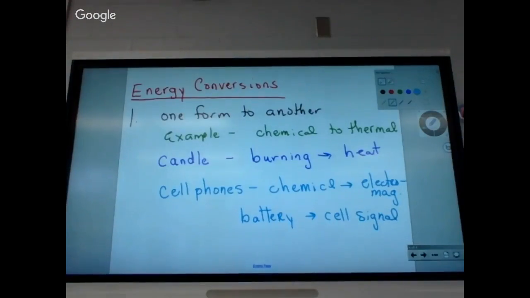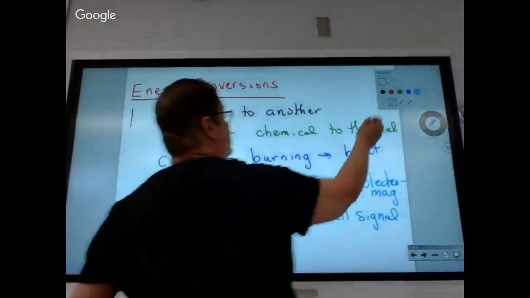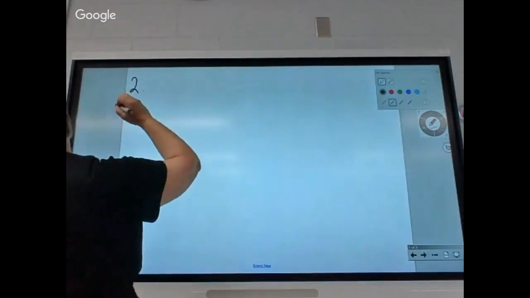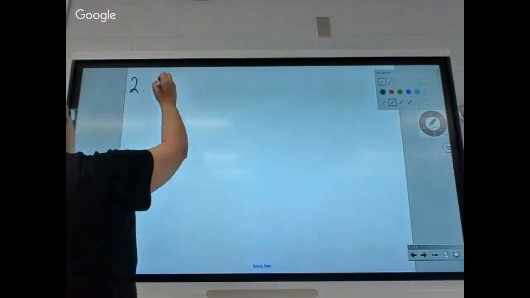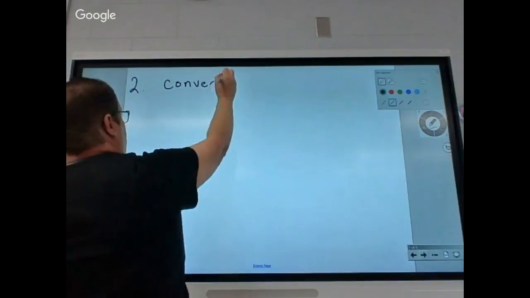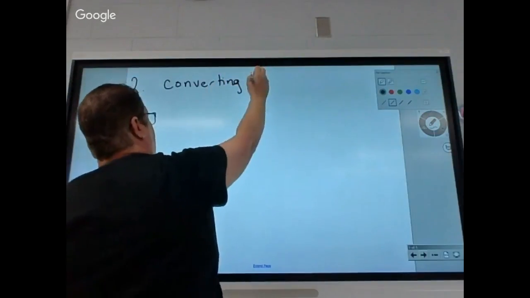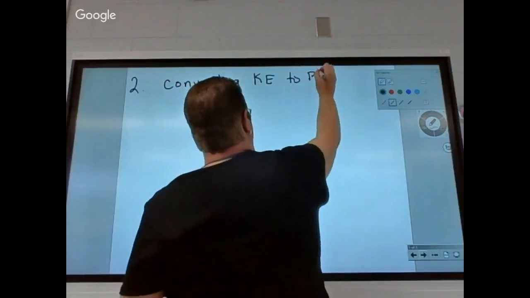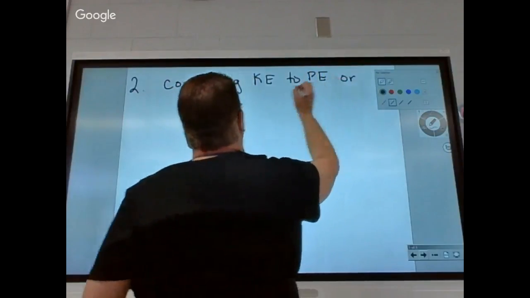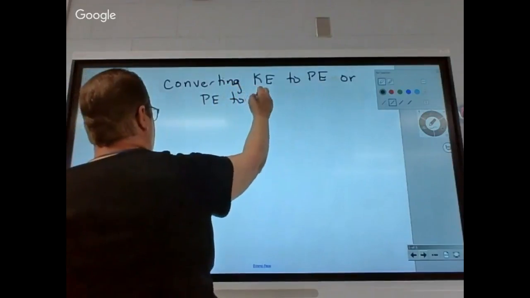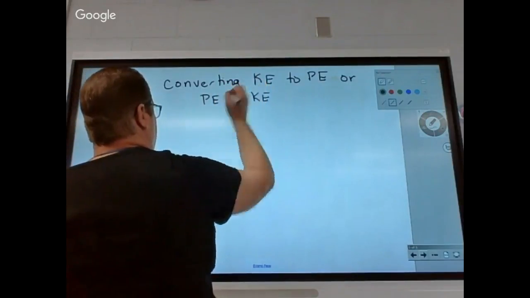Yeah? All right. The second type that we're going to do today, and that's what goes with the bottom half here with our lab, is converting kinetic energy to potential energy or potential energy to kinetic energy.